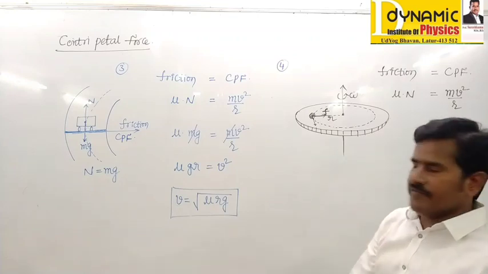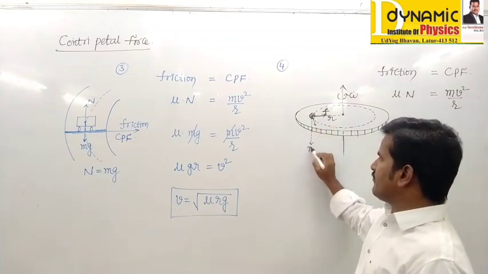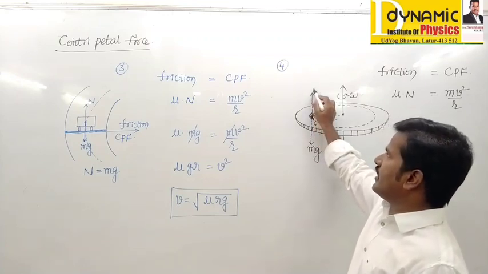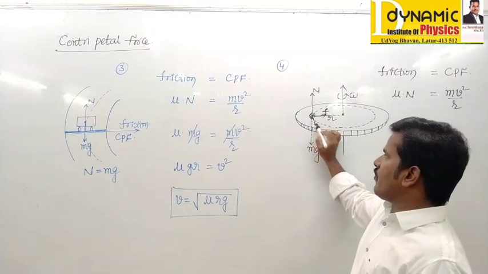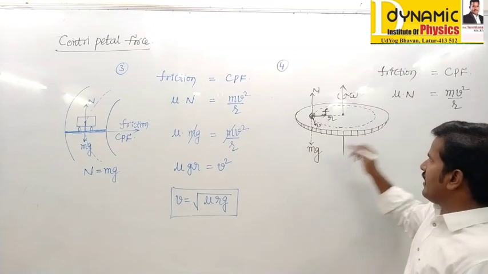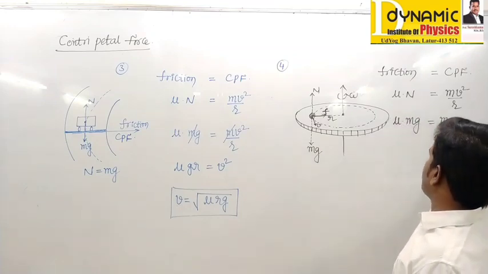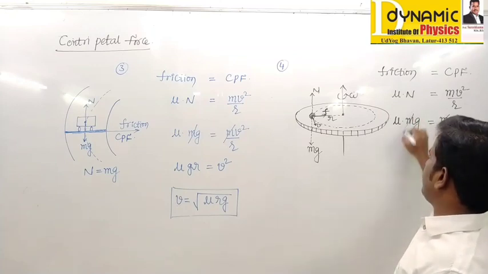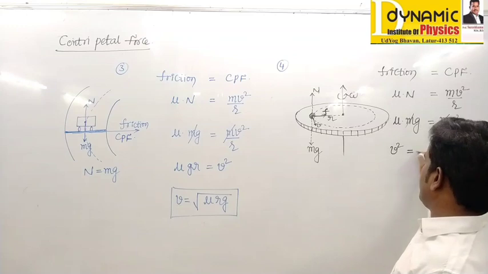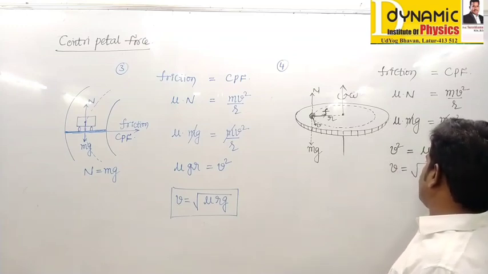Weight mg acts vertically downward and the normal reaction N acts vertically upward. The speed of the coin is v, and N equals mg. So mu into mg equals mv square upon r, where v square equals mu r g. This is v equals under root of mu r g.